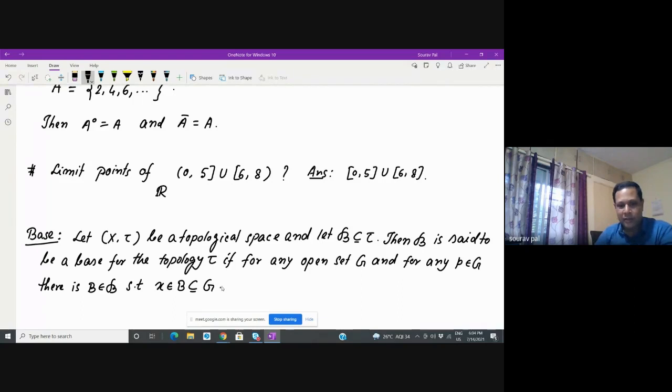So what does it mean? If you choose any member from tau, meaning any open set G, and any point P from G, you can find a member of this subcollection that lies in between P and G. Okay.